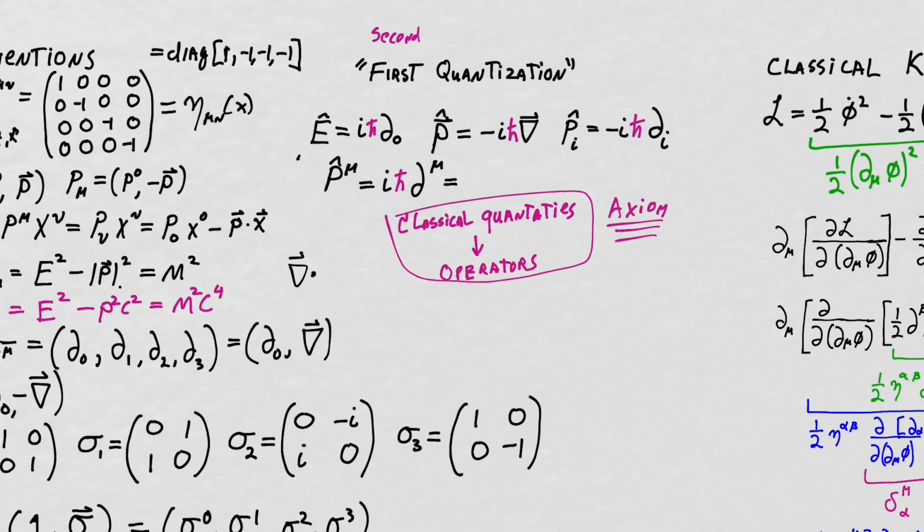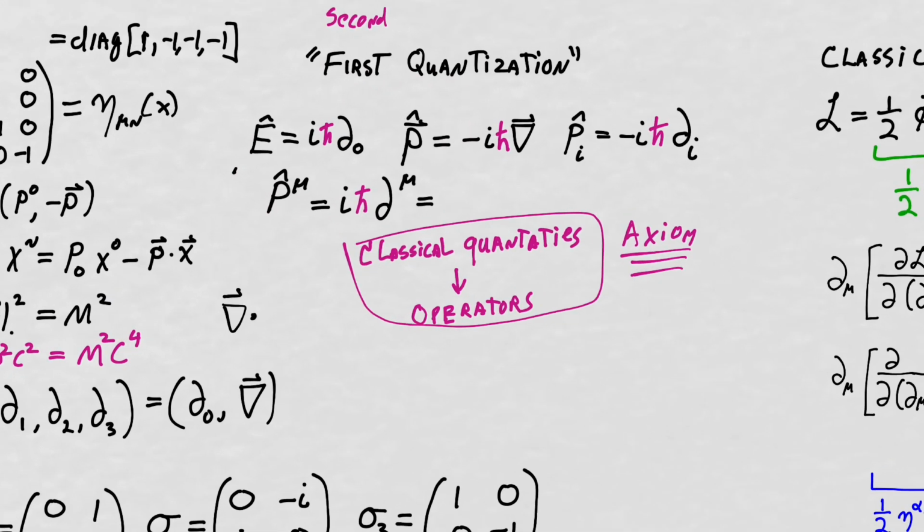So here's the point. I guess I need to explain this part. When you take these classical quantities and you replace them with these operators and you create quantum mechanics, you have quantized the classical theory. You've taken a classical theory, made this replacement because of this axiom, you have quantized it. You have caused the act of quantization. That is what it is.